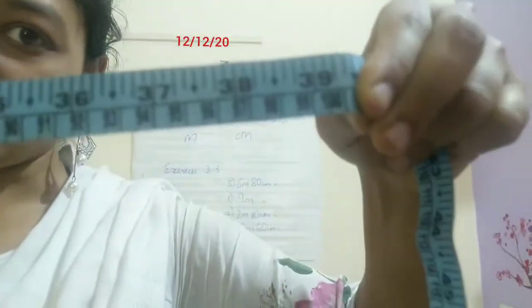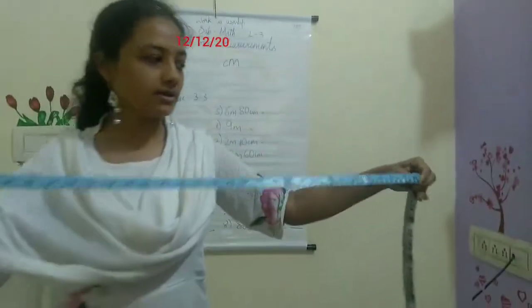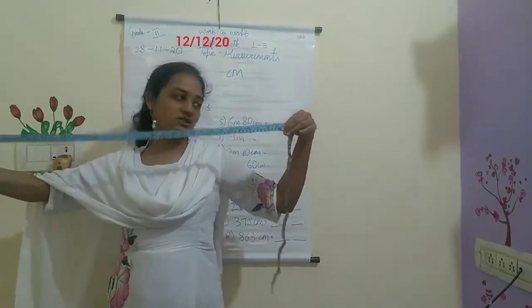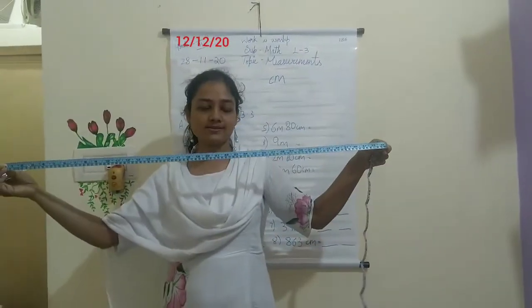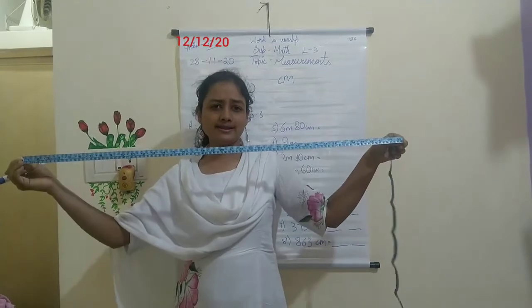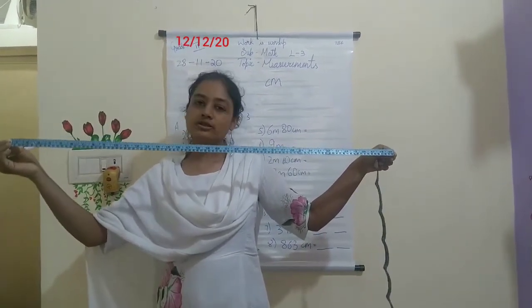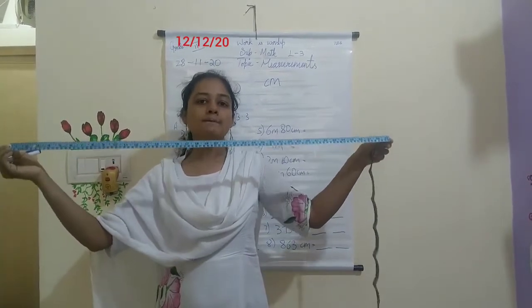If you see this 100, that means you have 100 centimeters. See children, from here till here where I have placed my finger, I have 100 centimeters. To write 100 centimeters, I can also write it in meters. Instead of writing 100 centimeters, I will write it as 1 meter.